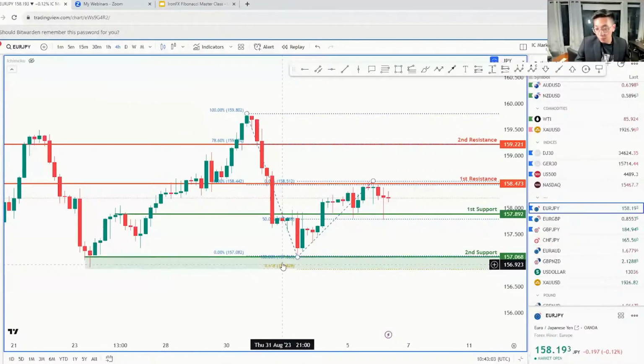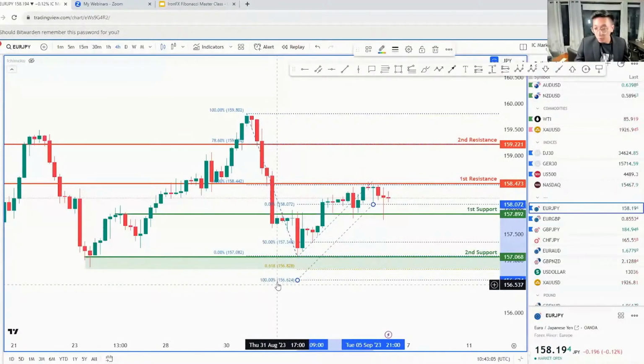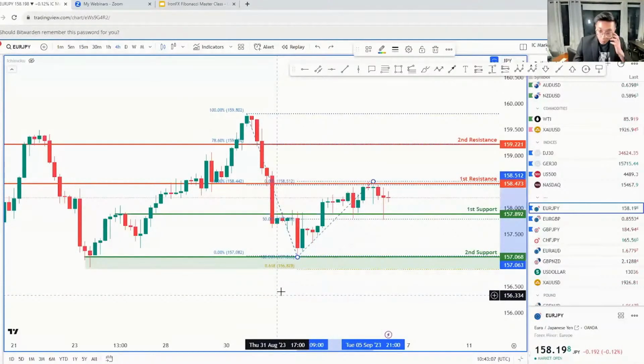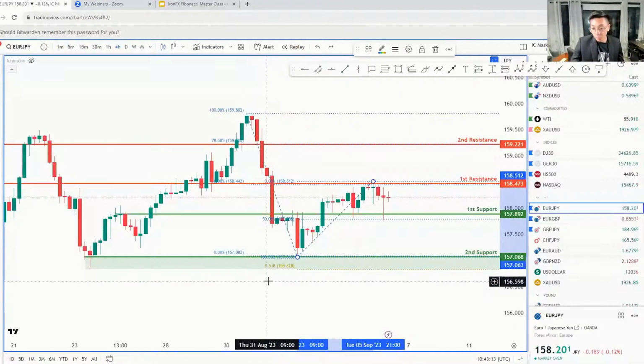Then lastly, we have these retracement levels, and then we have our 61.8% Fib projection going on.